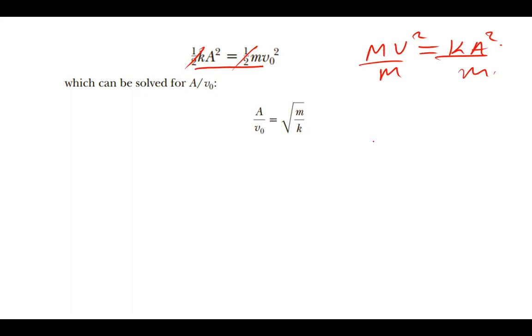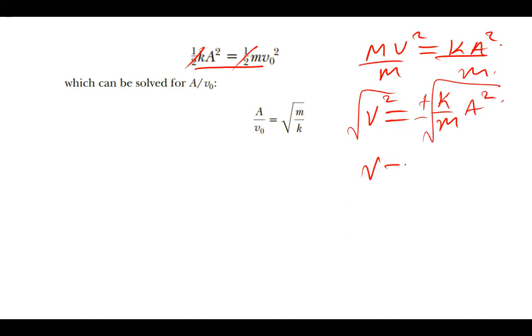We're going to have V squared is equal to K over m times a squared. So we find the square root of both sides, and this will have plus or minus. So V will be equal to plus or minus the root of K over m times a. So this is correct.